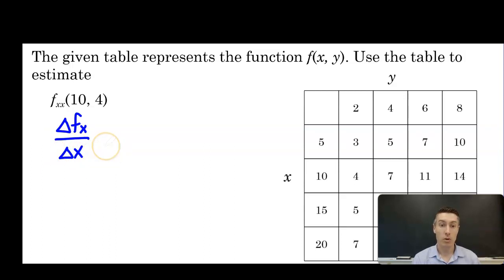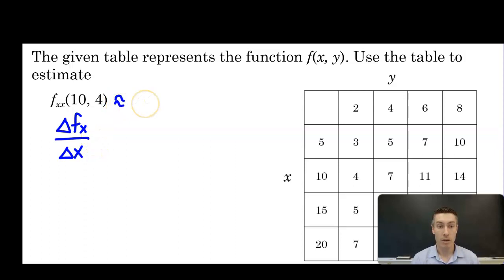So we need to use two first order partial derivatives to estimate the value of the second order partial derivative, which makes sense. If you think about all of those second order partial derivatives that we found earlier in the video, the first thing we had to do was find the first order partial derivatives.